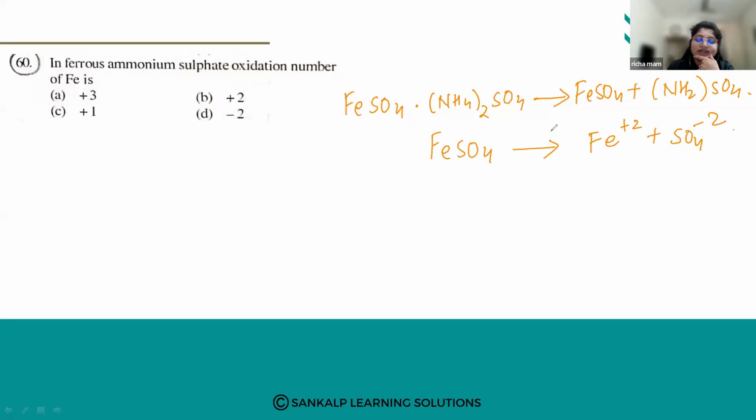So what is the oxidation state here? The oxidation state of Fe is x. Find out.